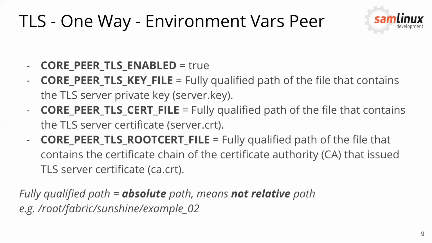And maybe for that, they copied all 3 files to the same position. But you can also use the root TLS, as I have mentioned before. And here is the same note that these are absolute paths.